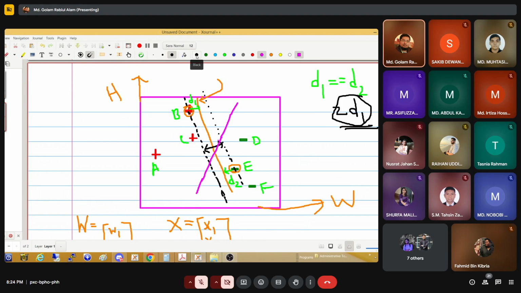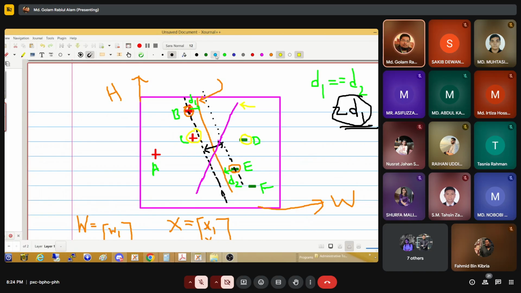We can consider this data point as a support vector, and this data point as the support vector. That is C and D. We can consider C and D as our support vectors, because those are actually the closest to this hyperplane.